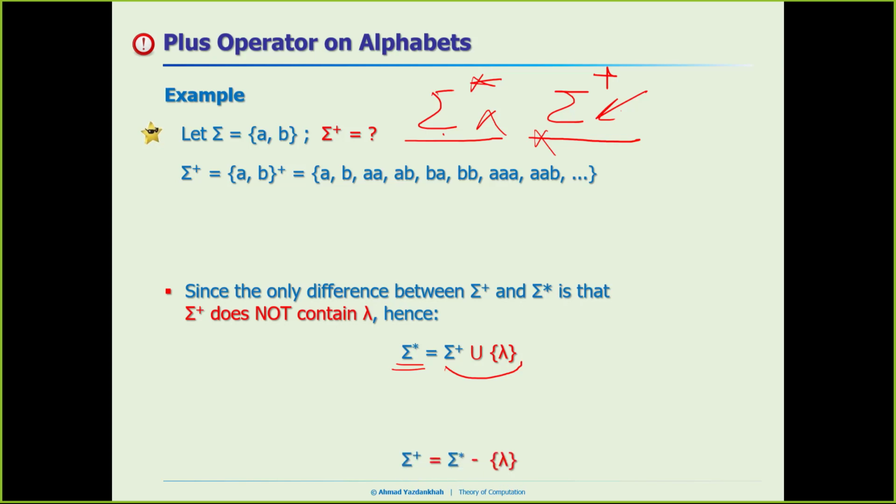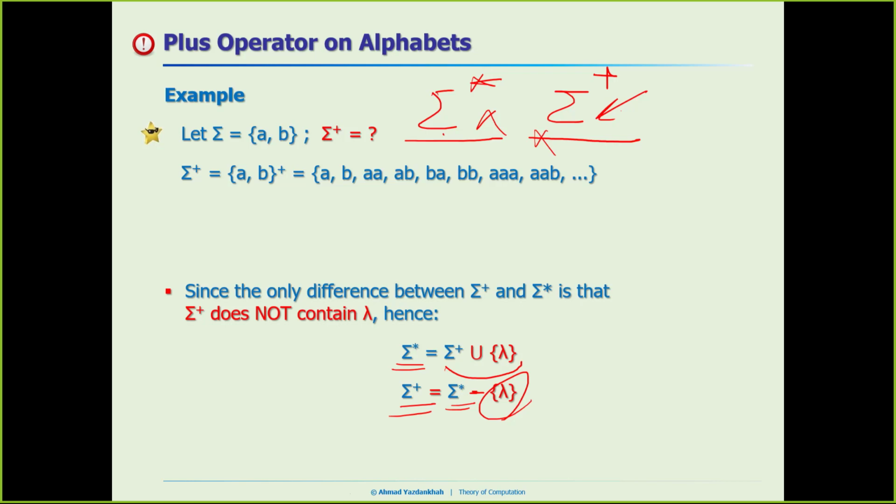On the other side, if we remove lambda from sigma star by minus, we get sigma plus. You might ask why, just for lambda, we created a new operator. We did that because we will see later that some machines we will introduce don't like lambda. That's why we removed it.